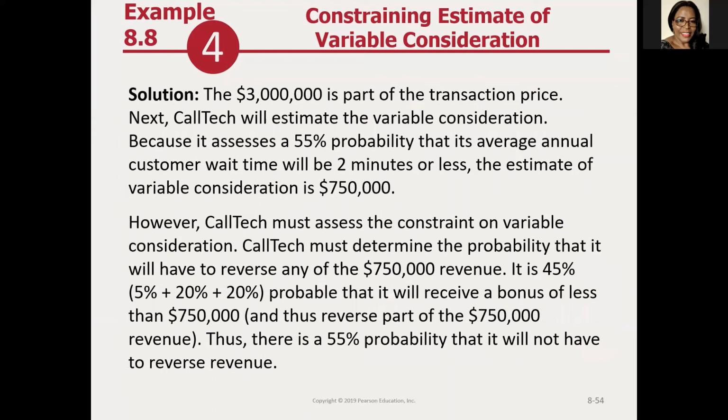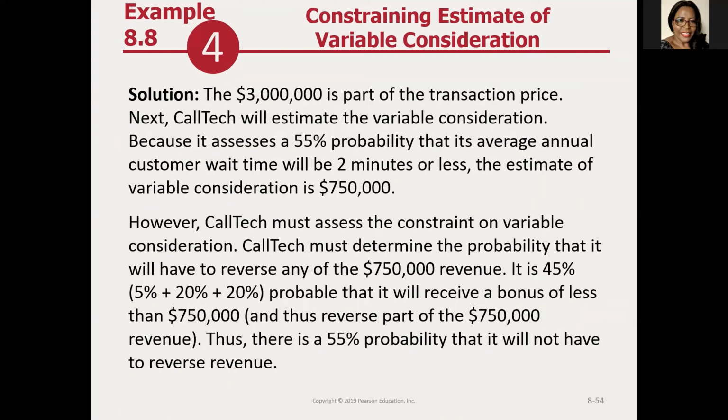Now, the $3 million is part of the transaction price. Next, Calltech will estimate the variable consideration. Because it assesses a 55% probability that its average annual customer wait time will be 2 minutes or less, the estimate variable consideration is $750,000.